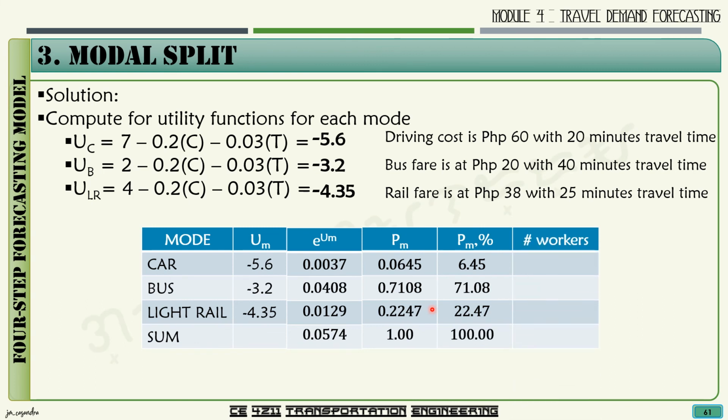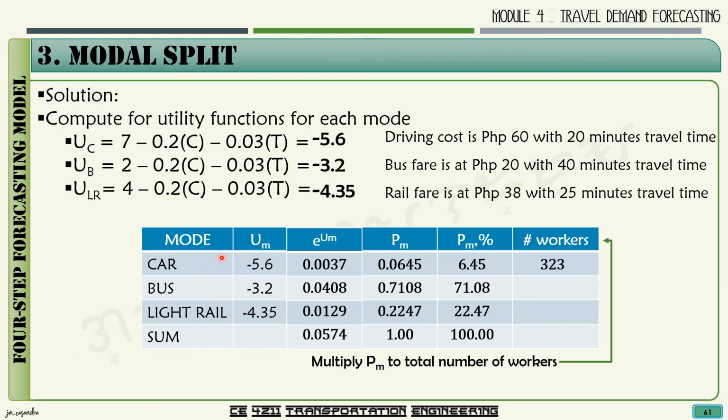So for the number of workers that use each mode of transportation, we simply compute this number by multiplying our probability to the total number of workers. So in our problem, we have 5,000 workers that will have to choose between these three modes of transportation.